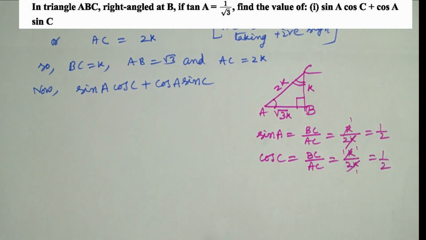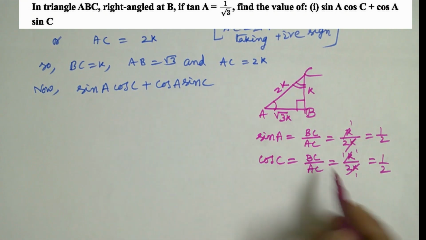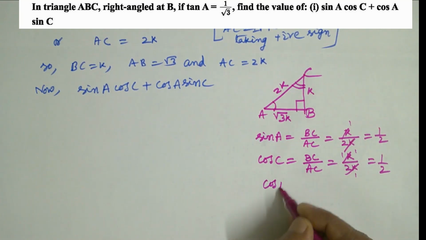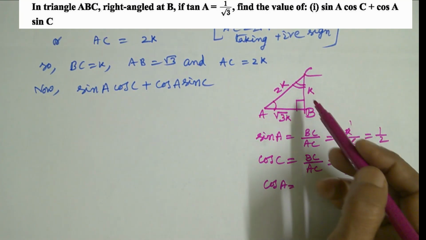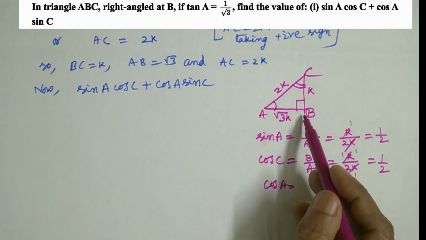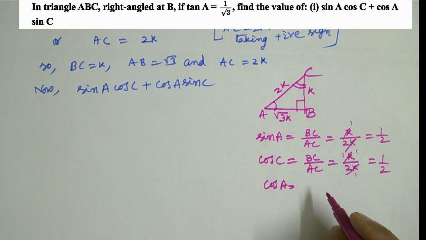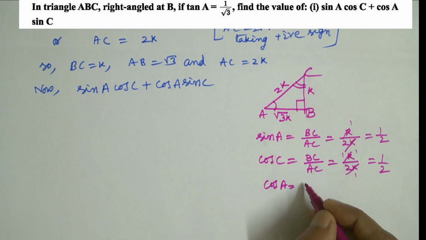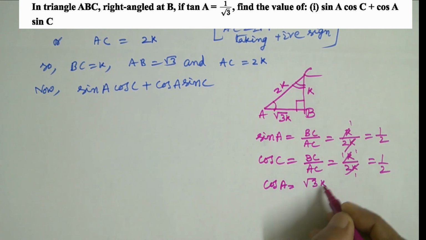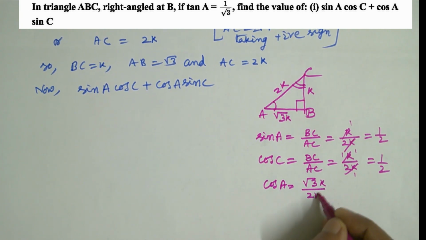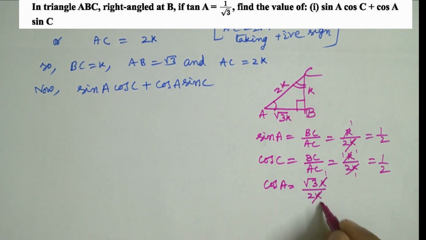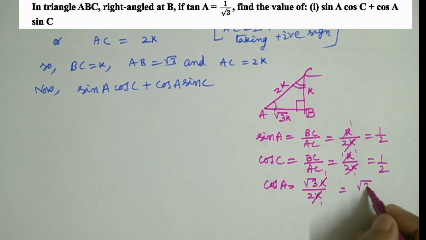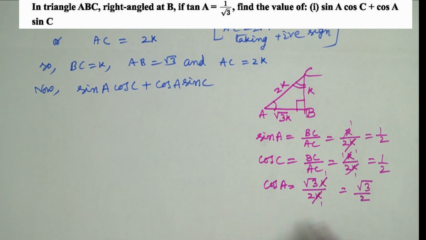Again we need to find cos A sin C. Cos A, with respect to this angle, AB is base. So cos means base by hypotenuse, root 3K by hypotenuse 2K. K will get cancelled. So the value is root 3 by 2.